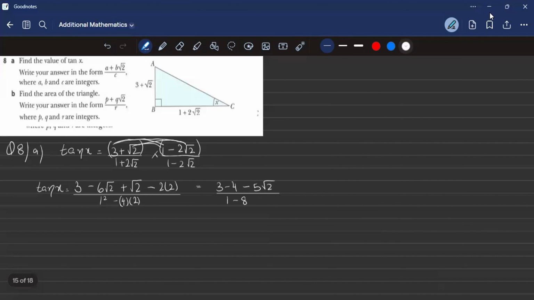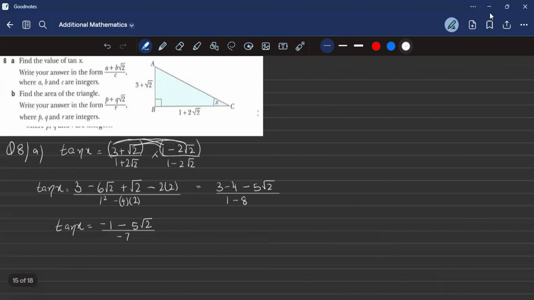Further simplifying, what's 3 minus 4? It's equal to negative 1. So negative 1 minus 5 root 2 divided by 1 minus 8, which is negative 7.